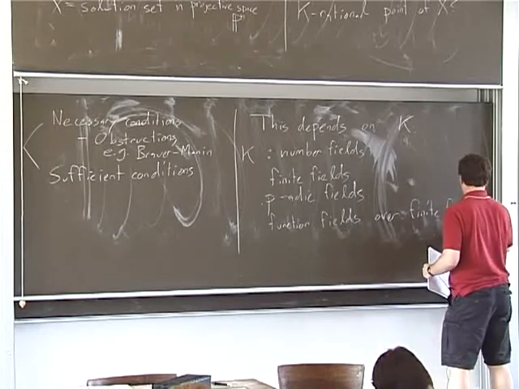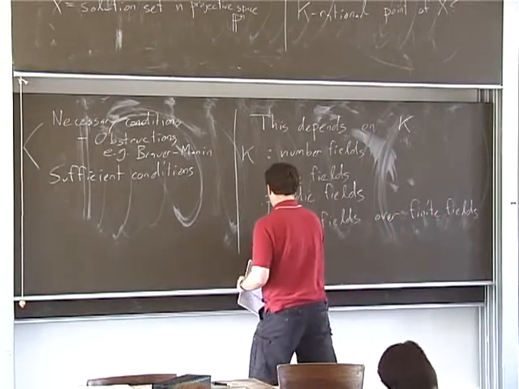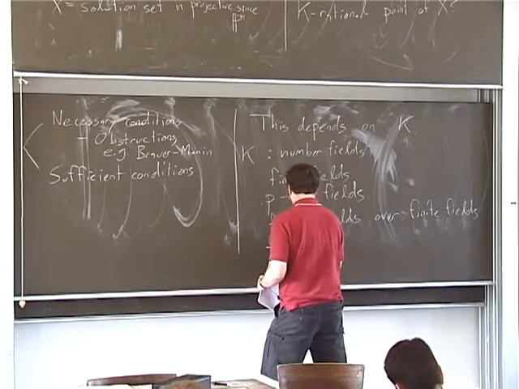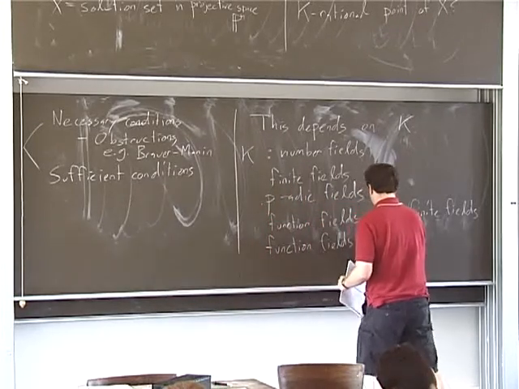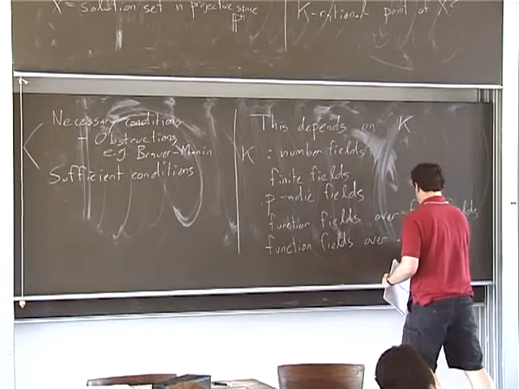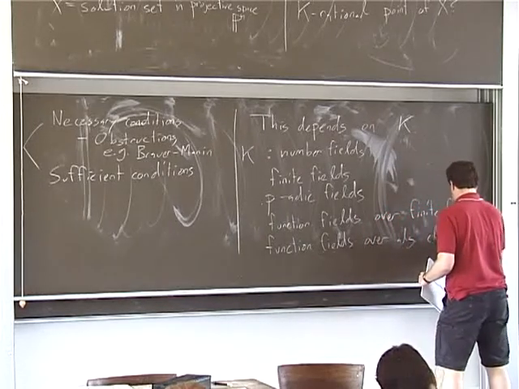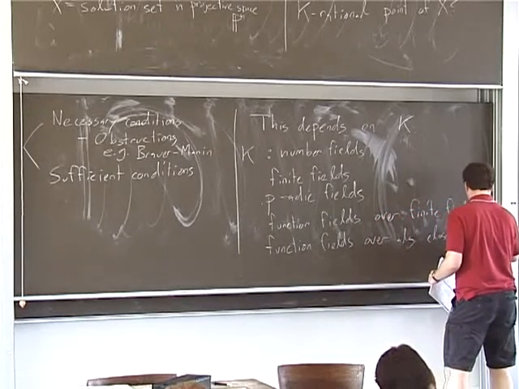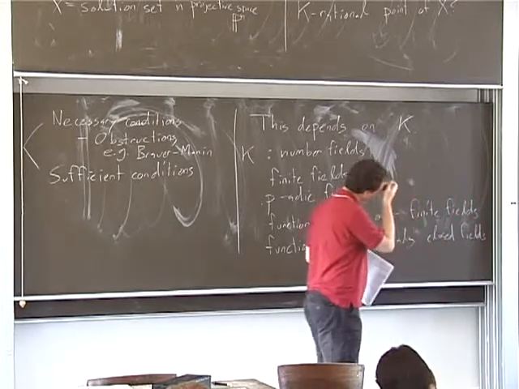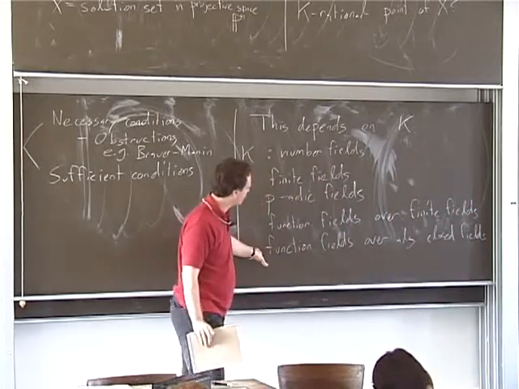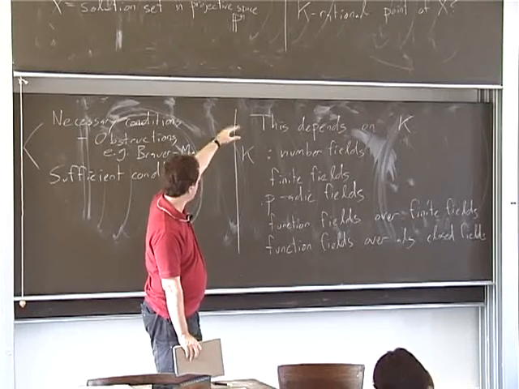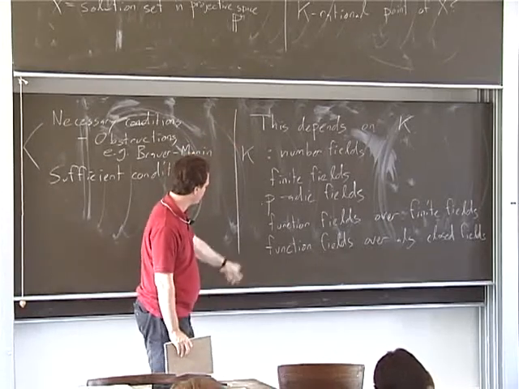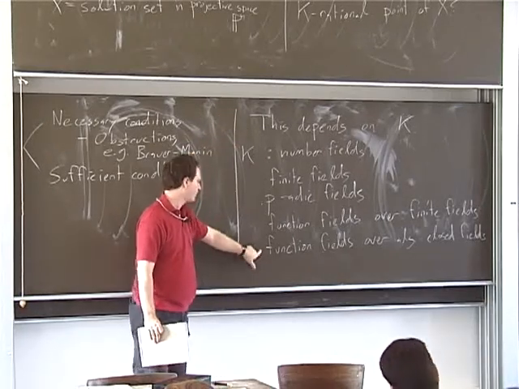But then what I'm really interested in these lectures are function fields over algebraically closed fields. And so now this is fairly removed from number theory, but the point is that whatever type of question you ask, you could ask it for all of these different kinds of fields. It's always simplest to answer for these kinds of fields.